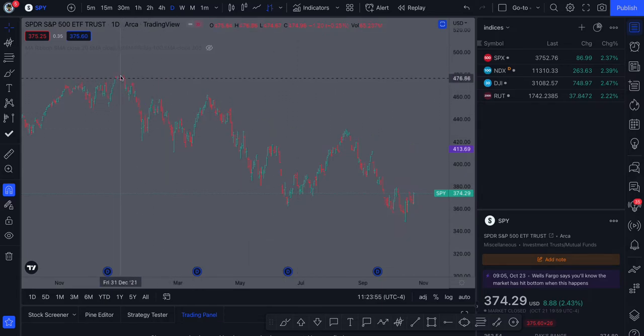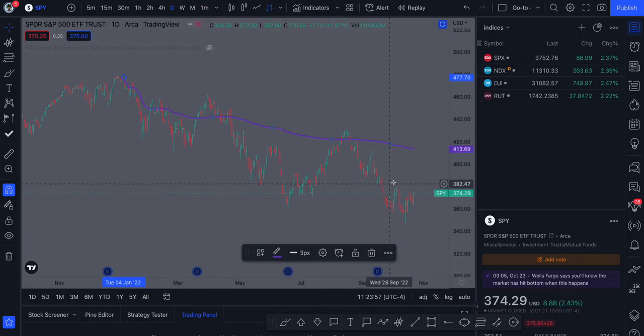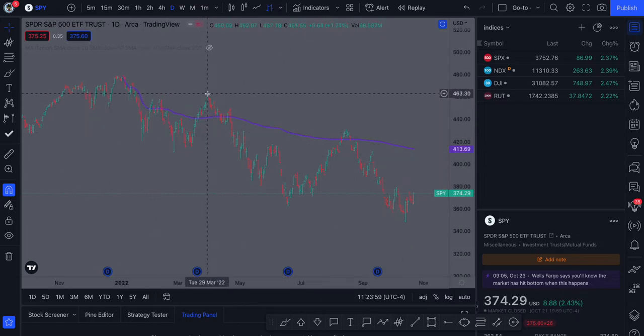Let's move this up here. Oh, that is the top. So as you can see, here prior resistance turns into support because it supports it for a second, not really, breaks through again, and right now this is really acting as resistance.